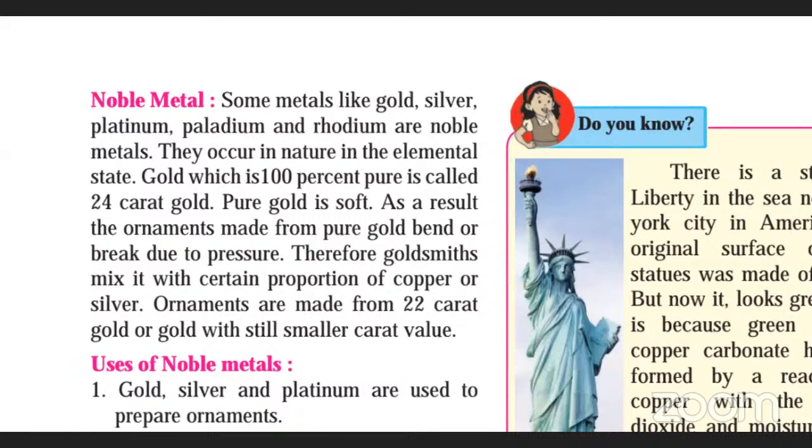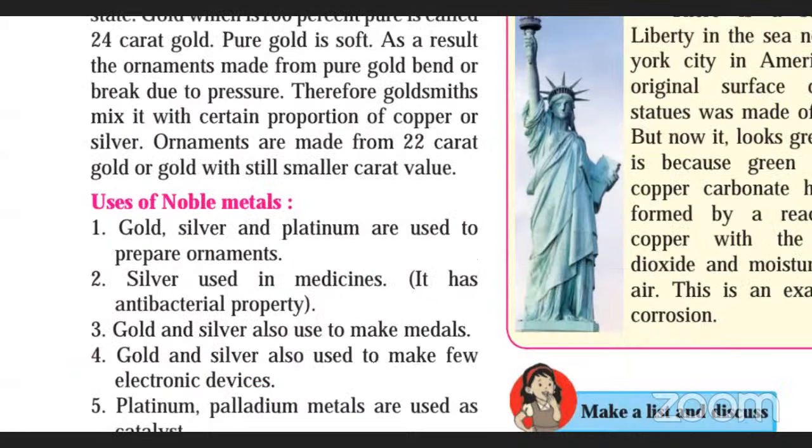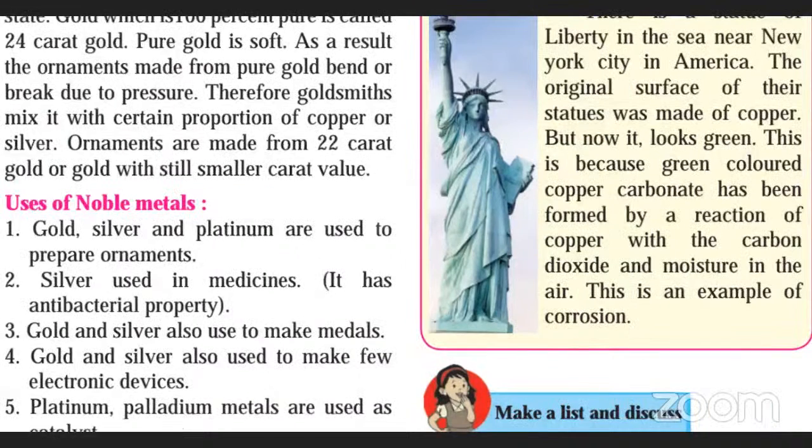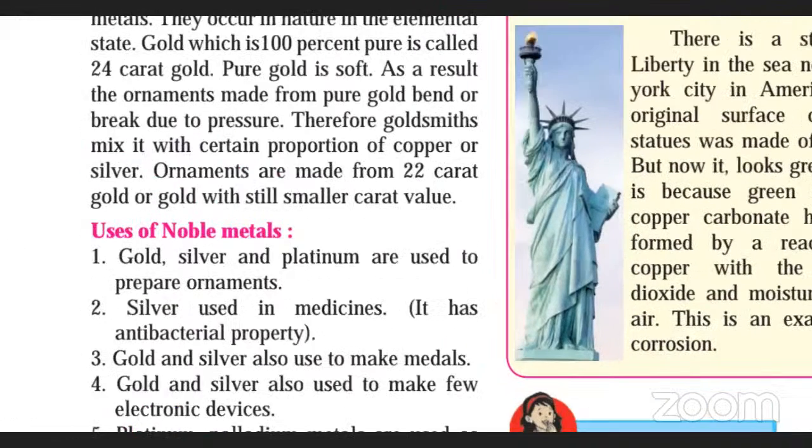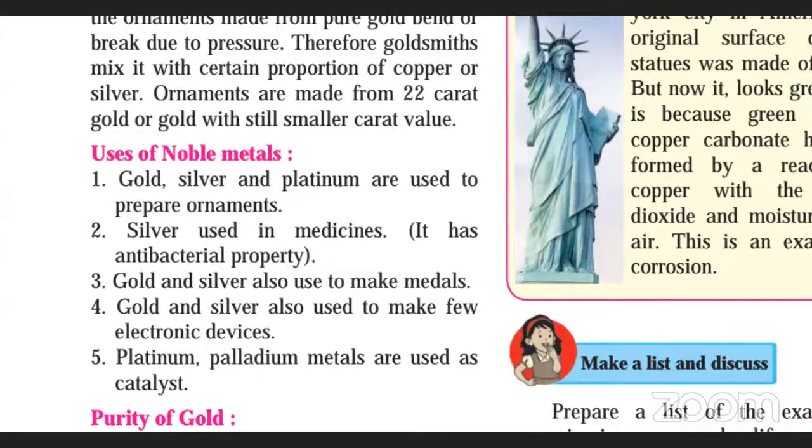Next is uses of noble metals. First is gold, silver, and platinum. As we know, these are very much used in making ornaments. Then second is silver.